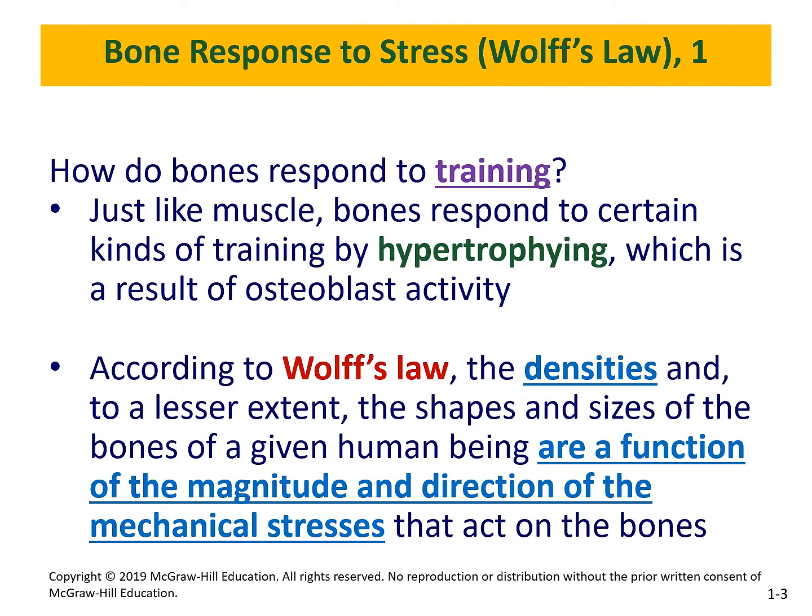According to Wolff's law, he's one of the scientists, he said that the density, and to a lesser extent the shape and size, of bone of a given human being are a function of the magnitude and direction of the mechanical stresses that act on the bone. That's Wolff's law. So if we don't have any force in a specific direction, the bone will be resorbed.